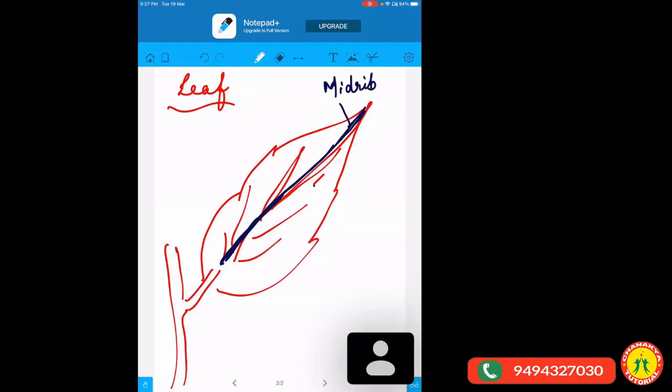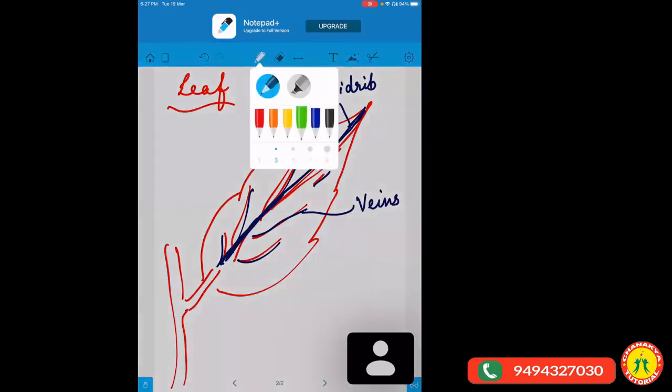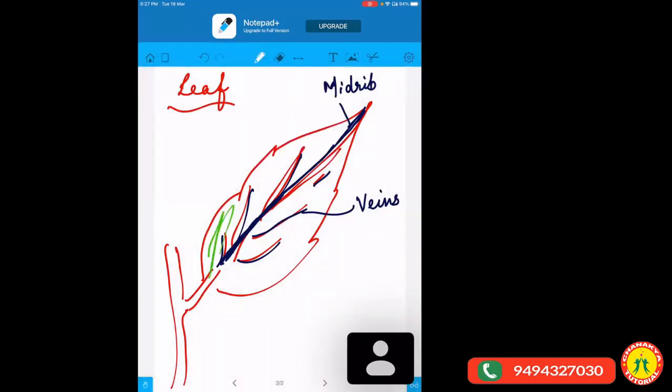Then surrounding this midrib, you can see the small structures. These are called the veins. So the center thick line is known as the midrib. Surrounding the midrib will be the veins. Now you might have seen the complete leaf is covered by the green color. Everywhere the green color will be there.